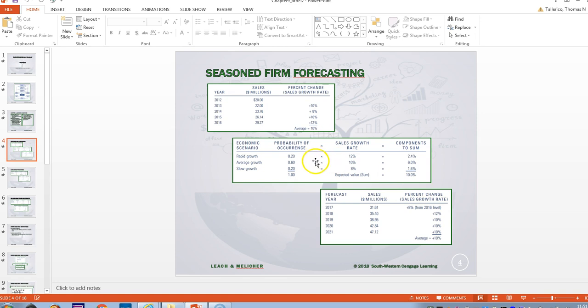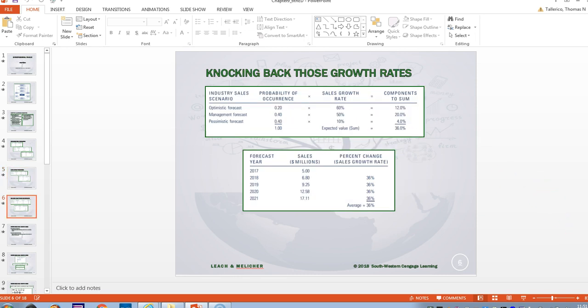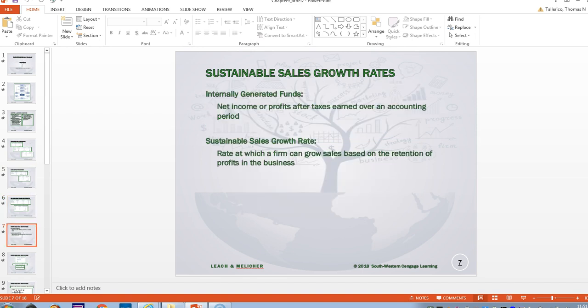And here's basically the forecasted growth rate, the sum of the probabilities times the returns. So this is like a quick review. And again, here I just show you some of the equations for early stage forecasting. And again, this is just changing the numbers a little bit.